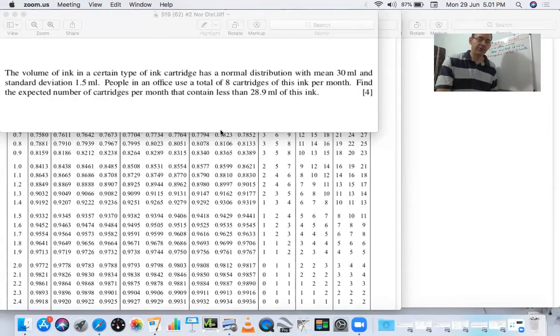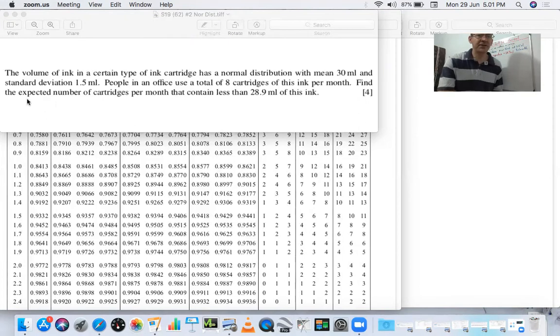So there's a total of 8. You're finding an expected number. So this extra step at the end means that you need to use your probability and multiply it by 8 to see how many of these cartridges contain less than 28.9 milliliters of ink.